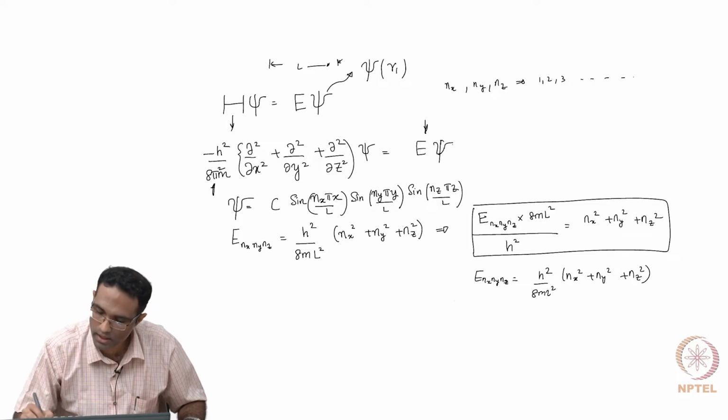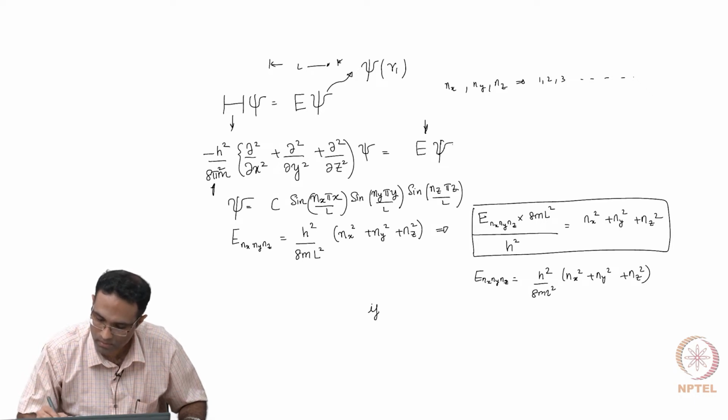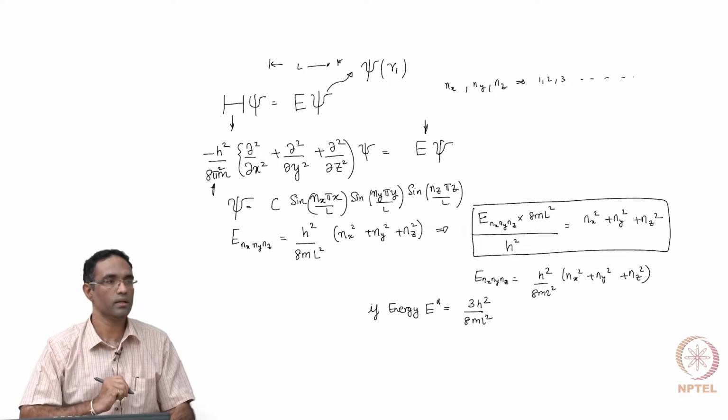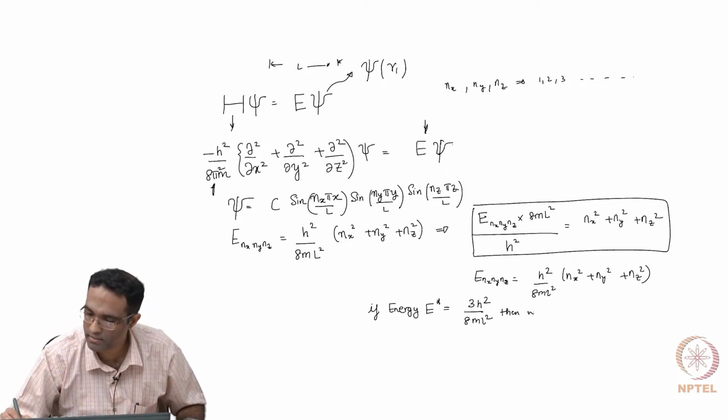So if energy is equal to 3 h square by 8 ml square, then what values can nx, ny and nz take?